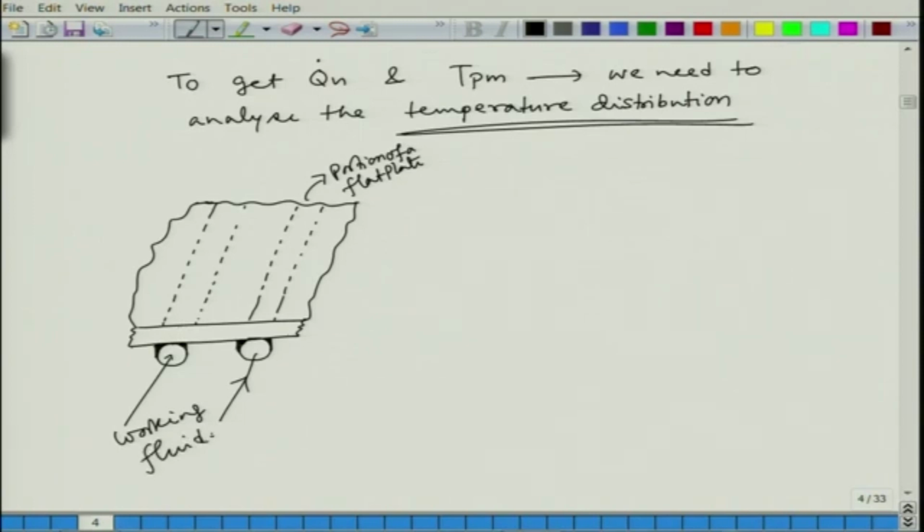Now, let us say that we fix our coordinate system here at the midpoint between two tubes. One axis is parallel to the tubes, the y axis, and the other, the x axis, is perpendicular to the tubes.